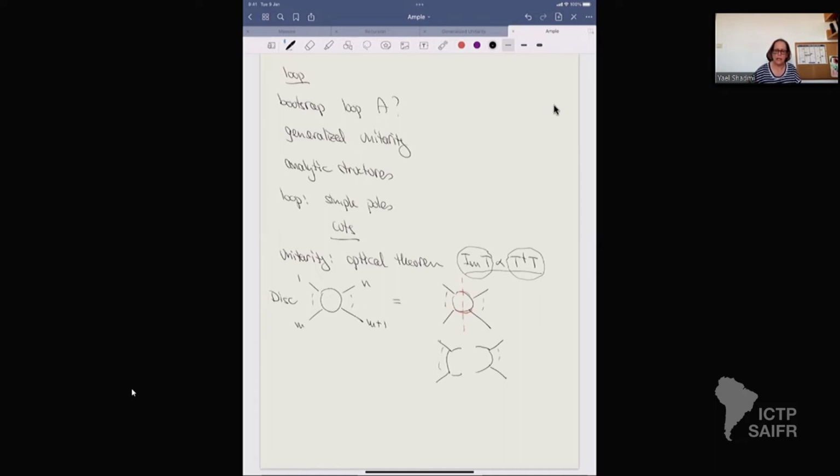We're going to use the fact that we have this imaginary cut of the amplitude, and we know that this is determined by the product of this tree amplitude times this tree amplitude. So if we know all our tree amplitudes, we can construct from that the loop amplitude.